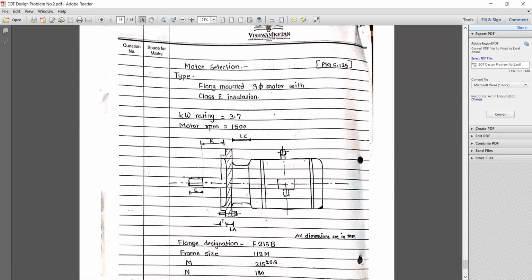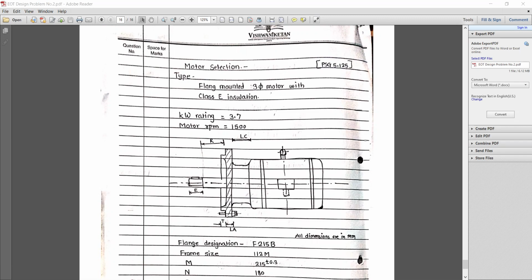Now for selecting the motor, let's take a glance. Here they have provided the values in kilowatt. All the standard values of kilowatt are provided here. There are two types: one is foot mounted and the second one is flange mounted.